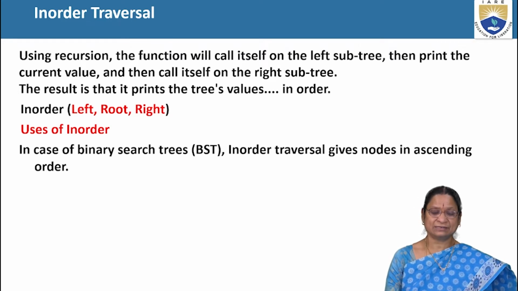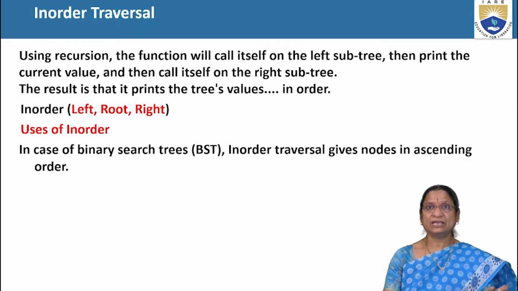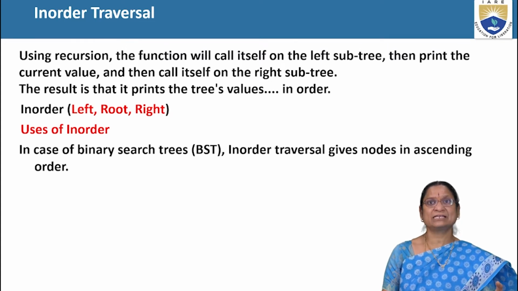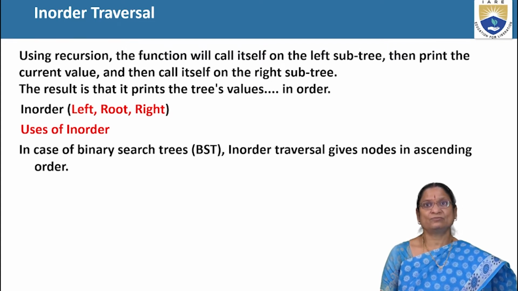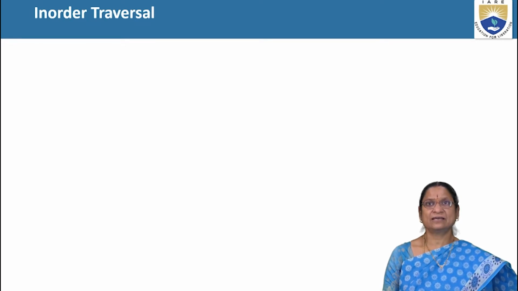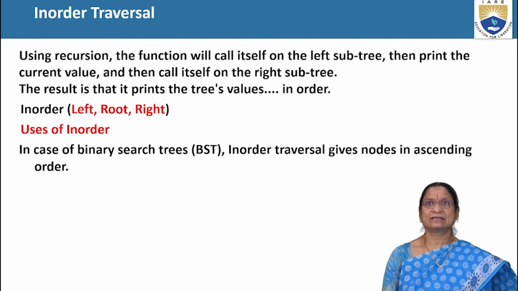If you consider binary search trees, the in-order traversal of nodes will give us the data in ascending order. Or if we are using a binary tree to represent an arithmetic expression, the in-order traversal of that arithmetic expression results in the infix form. So various applications or needs exist for in-order traversal techniques.